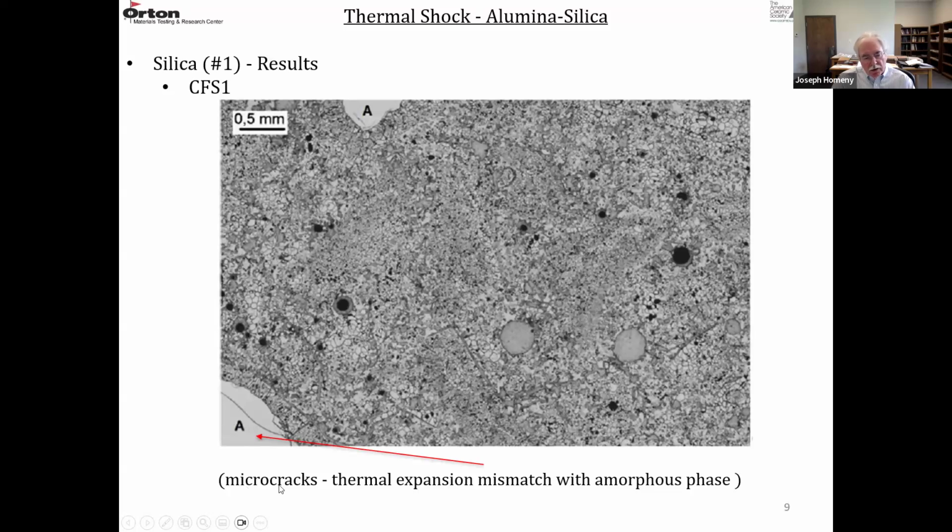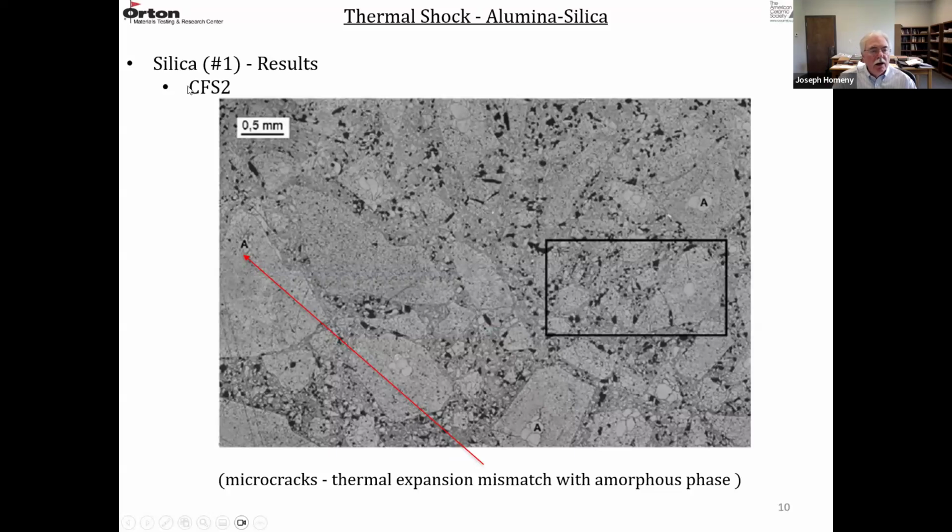So now they start seeing microcracks because there's a significant thermal expansion mismatch between the amorphous materials and the matrix or the crystallized material. You can see the microcracks forming here. So the crystallized material upon cooling is contracting a lot more than these amorphous particles. So they're being put in compression and they're forming microcracks.